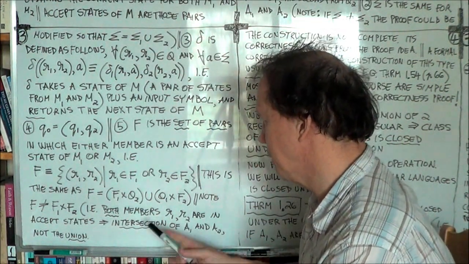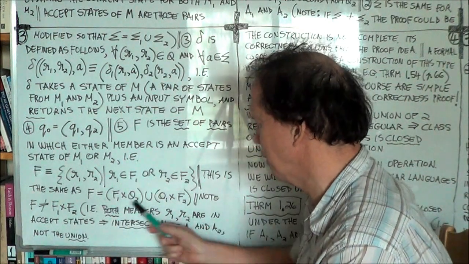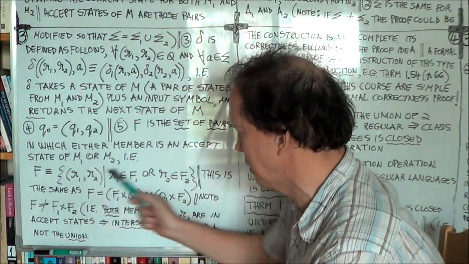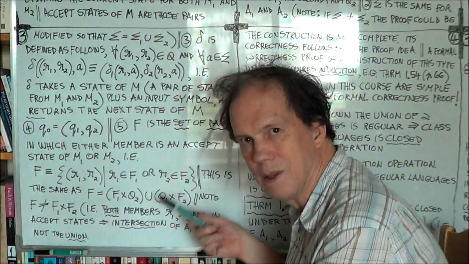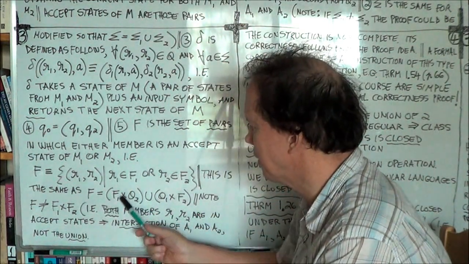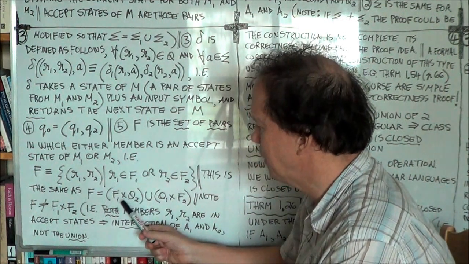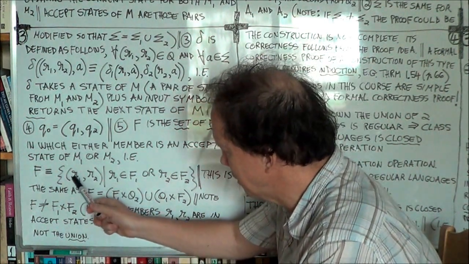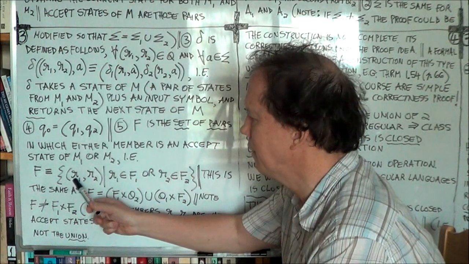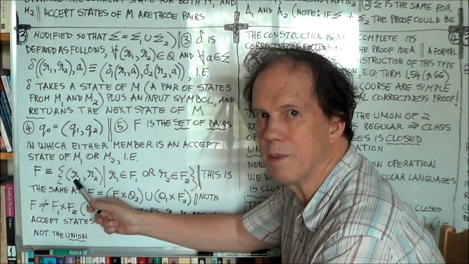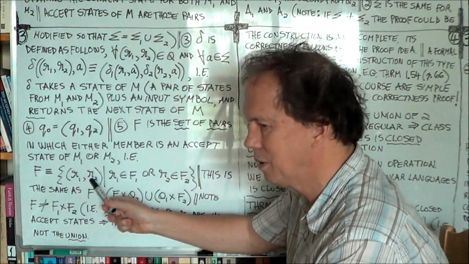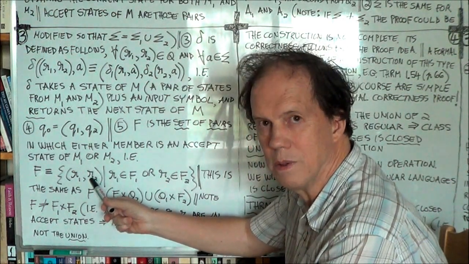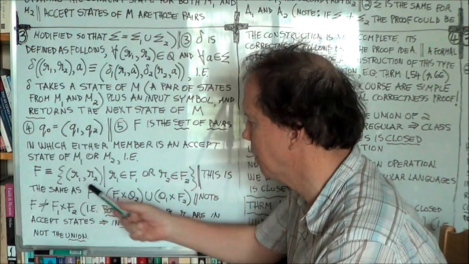All right. Now you can do this as homework if you like. If you think about it, you could rewrite this as just this. That may not seem obvious at first. I had to think about it a little bit. Either this is in F1, an accept state for machine M1, or this one is in F2, an accept state for machine M2.